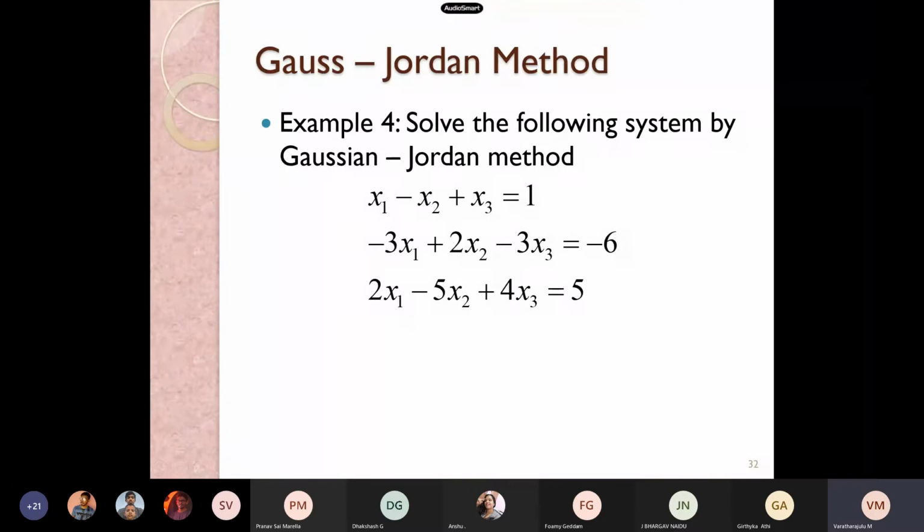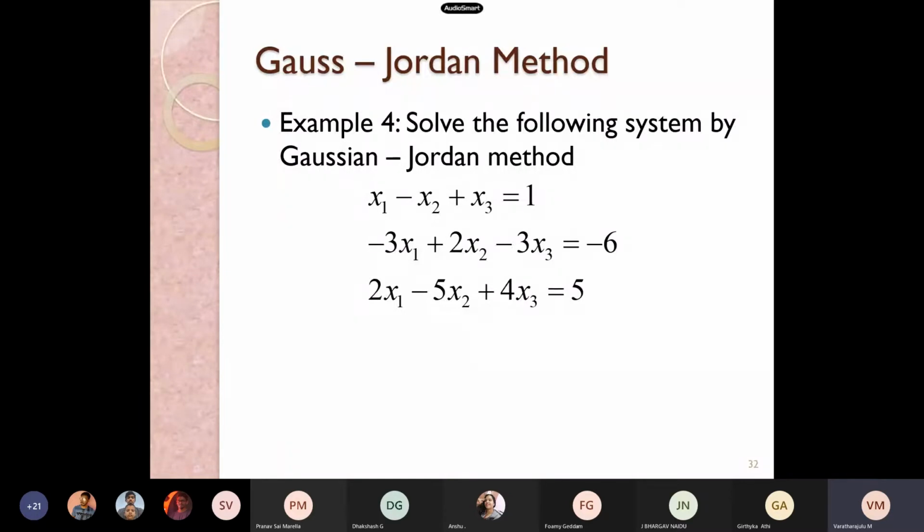Now check whether my slides are visible. Yes, sir. Please make a note of the given example 4. x1 minus x2 plus x3 is equal to 1, minus 3x1 plus 2x2 minus 3x3 is equal to minus 6, 2x1 minus 5x2 plus 4x3 is equal to 5.